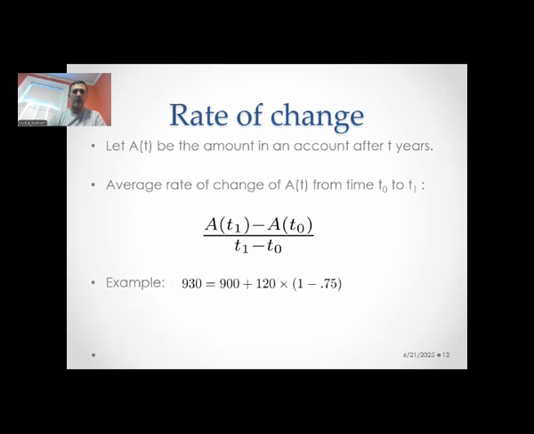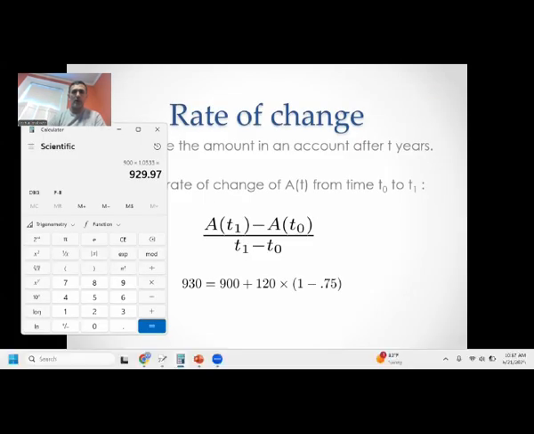And I'll just plop this into the calculator to double check this. Bear with me a second. Right, so we have 900, how much the account had after 9 months, plus the average rate of change, 120, times change in time, 1 minus 0.75 in years. Sorry about that.